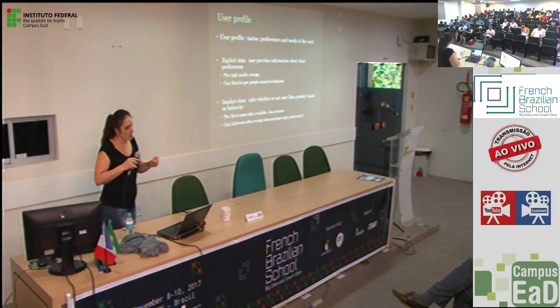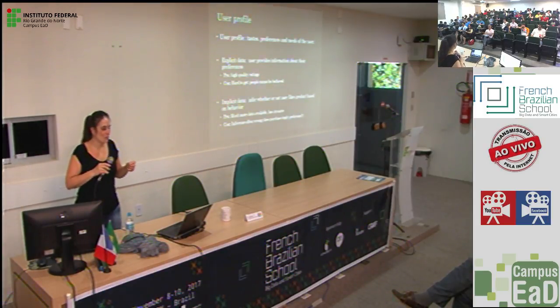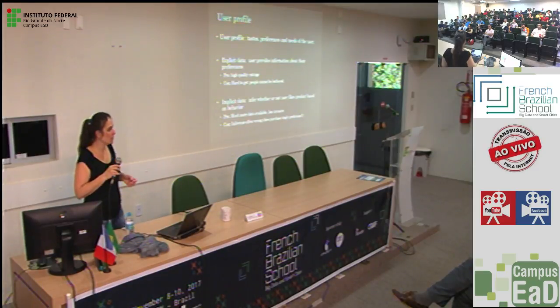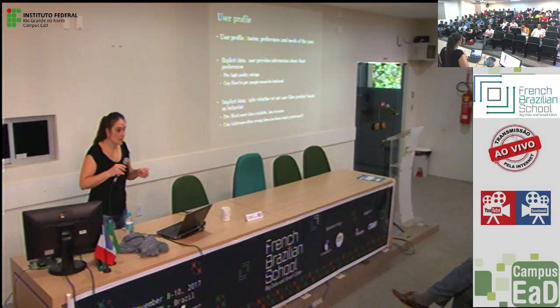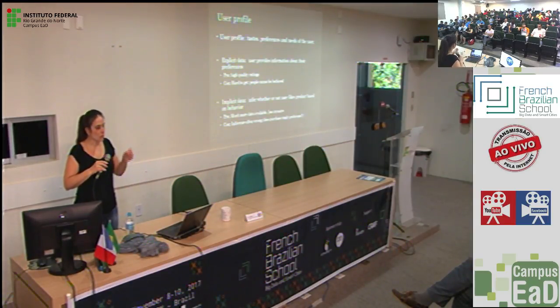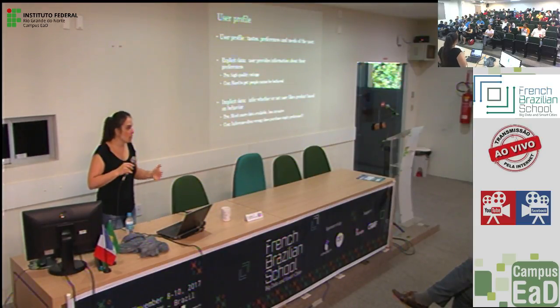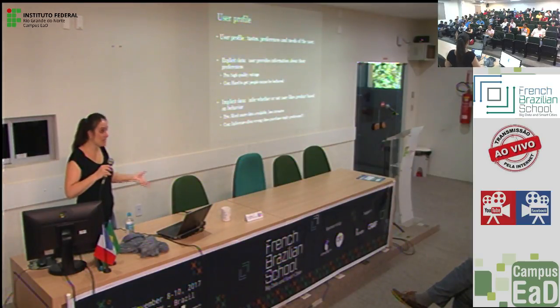In fact, this matrix and some other information are obtained through the user profile. Mohan spoke about that at the beginning of the week. This is the basis of a recommender system. The user profile contains tastes, preferences, and needs of the user. In fact, there are explicit data and implicit data.